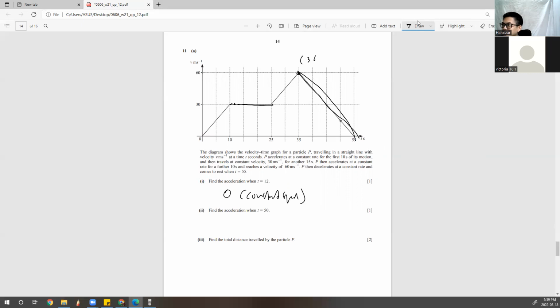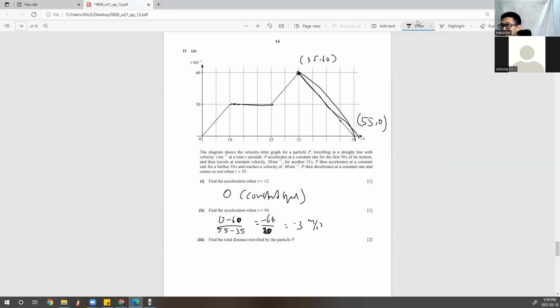This is 35,60. This will be 55,0, right? So 0 minus 60, it is negative. Why? Because it's going down, decelerating at negative 60 over 20. Negative 3 meters per second squared.